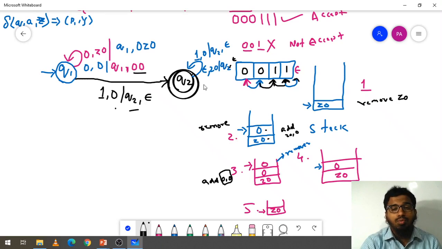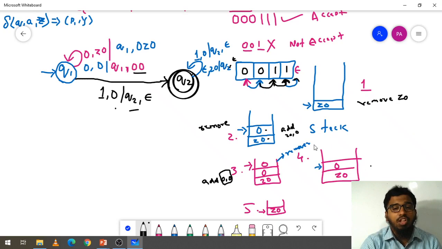From q2, where is the header now? Our header is at the last one. So here q2, 1 comma 0. What is 0? 0 is the top symbol in the stack.